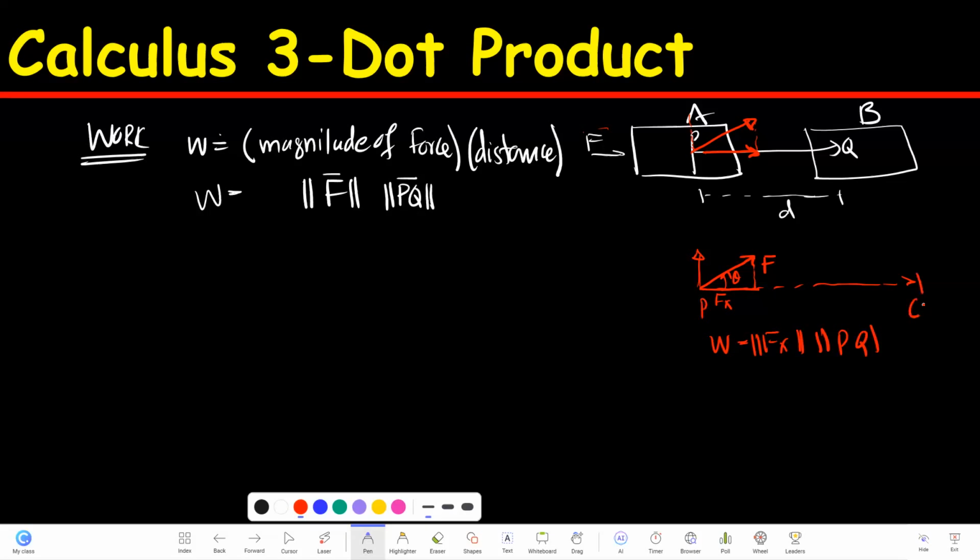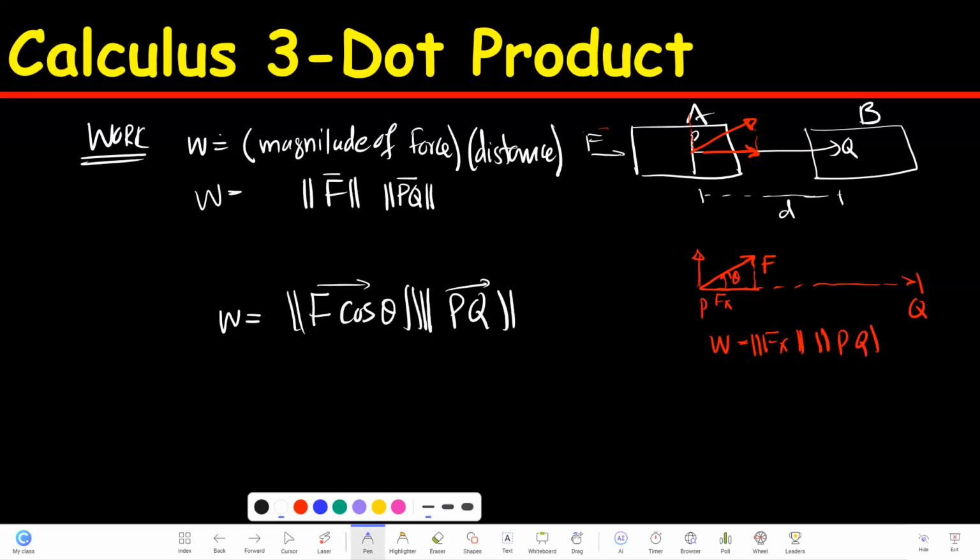So this is a new formula. If the force is not along the distance, I write it as F cosine theta times p.